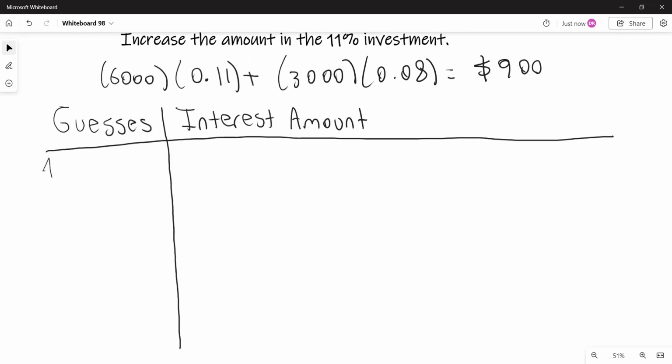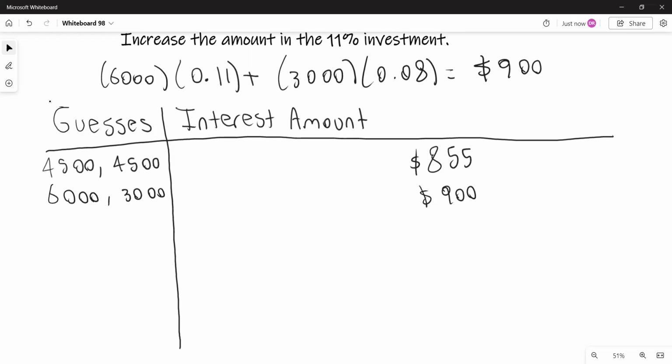So the first two guesses were 4,500 and 4,500. And we found that the interest amount was 855, which was below the amount of interest that we're looking for. We increased the 11% fund to 6,000, and the 8% we decreased it to 3,000. And we found that the interest was 900. Okay, so we are going to increase it now to 7,000 and 2,000.